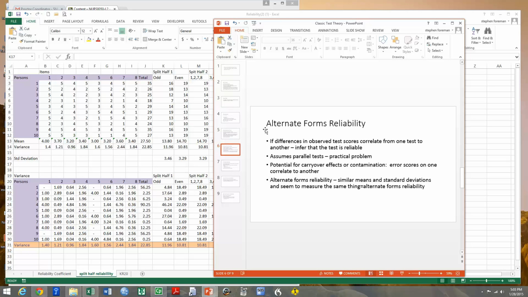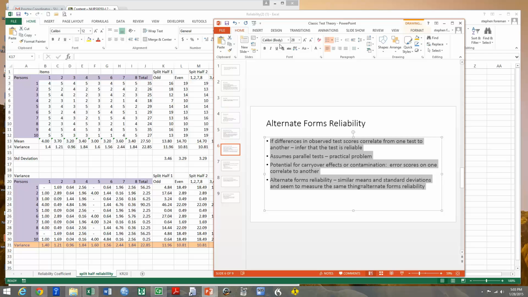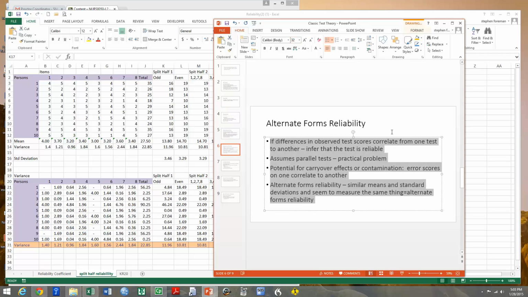So that leads to another type of reliability called alternate forms reliability. Again, we went over this in lecture notes. You can Google it. If differences in observed test scores correlate from one test to another, we can infer that the tests are reliable. This assumes parallel tests, and that's always a practical problem, whether you can actually do it.